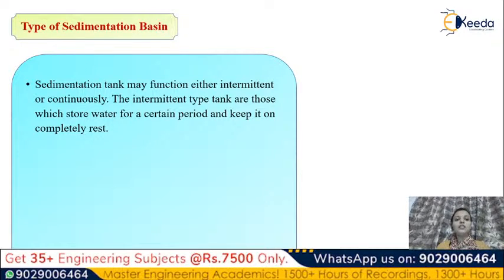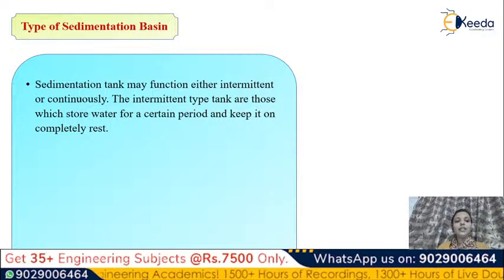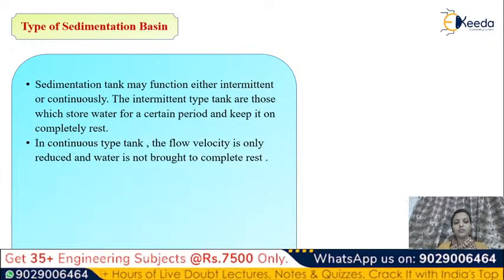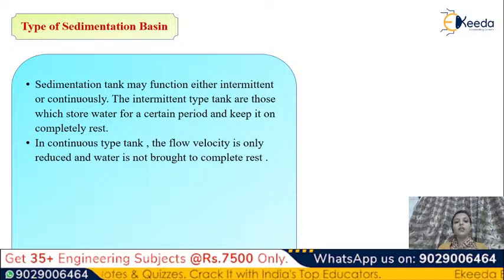A sedimentation tank may function either intermittently or continuously. Intermittent type tanks are those which store the water for a certain period and keep it completely at rest. And in a continuous type tank, the flow velocity is only reduced and water is not brought to complete rest.